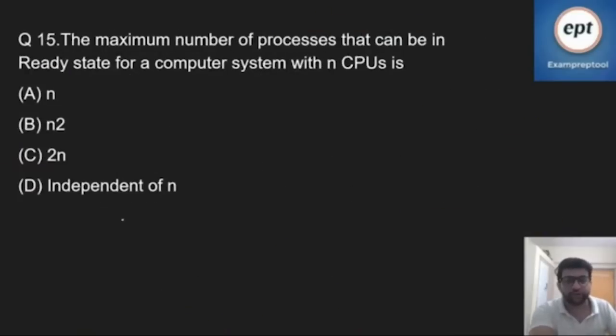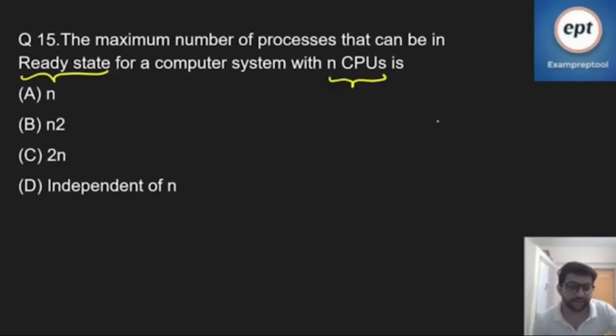So moving on to the next question, question number 15. The question states the maximum number of processes that can be in a ready state for a computer with n CPUs. So we have been asked how many processes can be in the ready state. What is ready state?